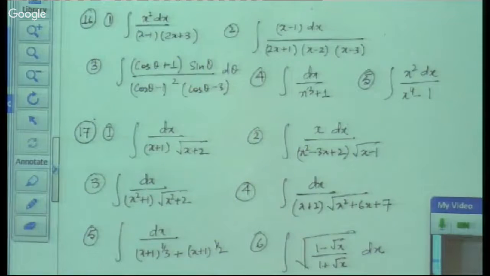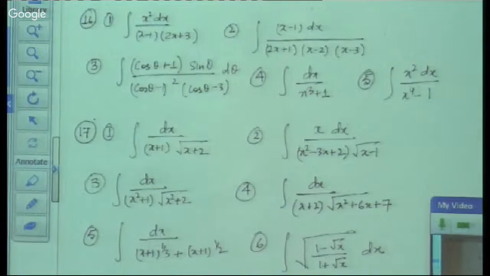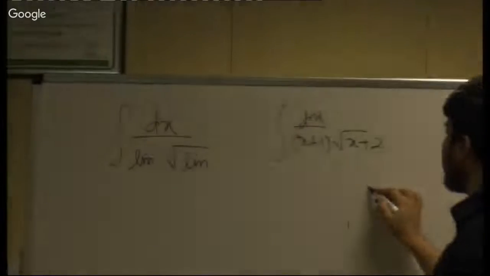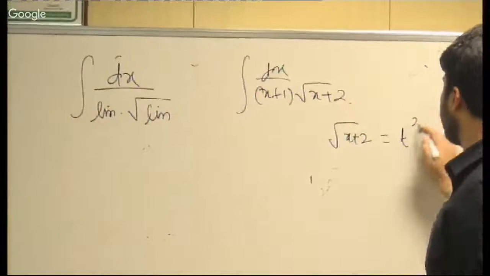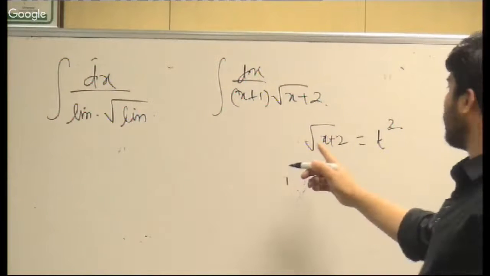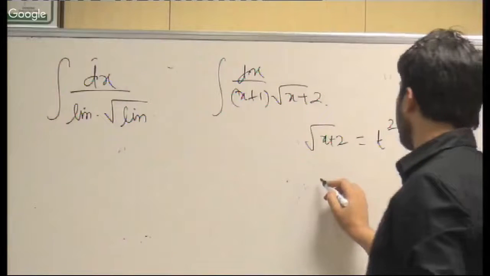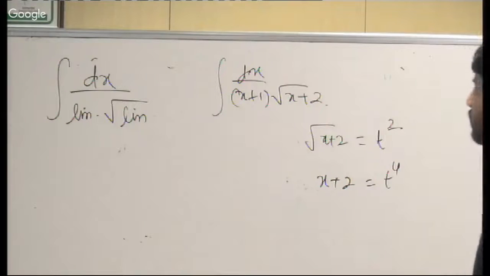My question was dx upon (x plus 1) into under root (x plus 2), right? So I'm going to write under root (x plus 2) as t square. So x plus 2 is t to the power 4, right?